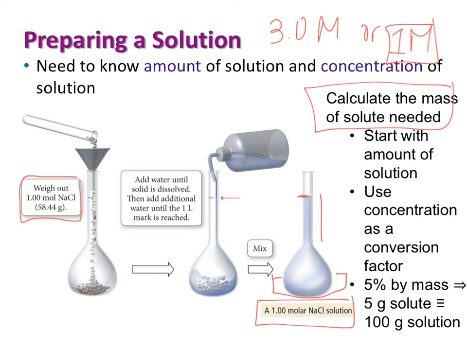So for example, this one is a 1 liter volumetric flask, so exactly at that line you have exactly 1 liter of total solution. So you would add in your solid NaCl, add in your water, because solid NaCl is going to take up some space, right? So then you add in your water, you mix it, you get it up to a total of 1 liter, and this gives you your 1 molar solution.